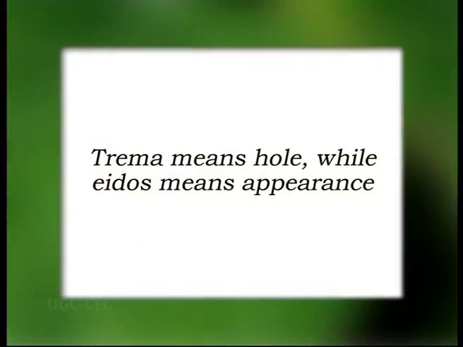With the help of this sucker, they remain attached to the substratum, which is generally the mucosal membrane of different parts of the organs. It is because of this hole we call them Trematoda. Trema means a hole. Trematoda, the hole-bearing animals.